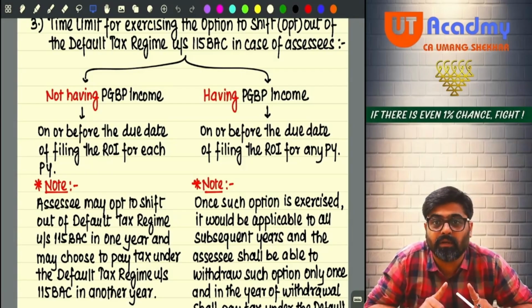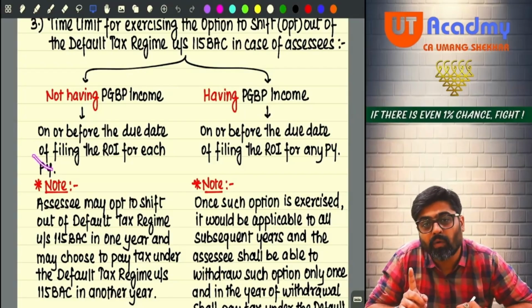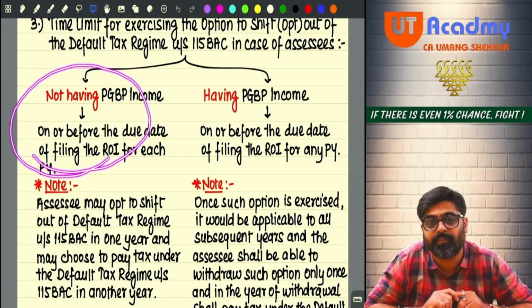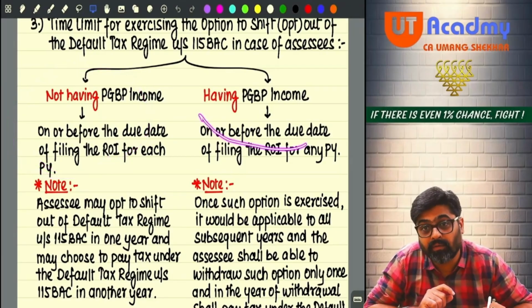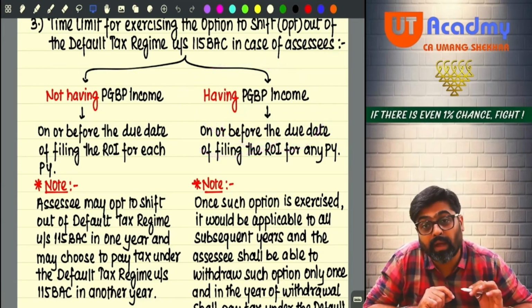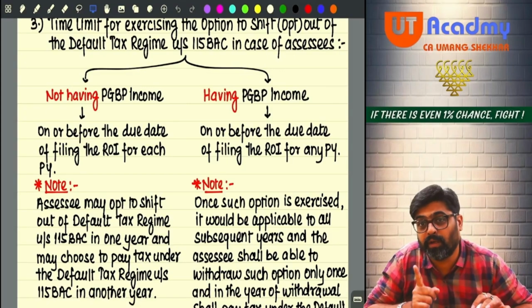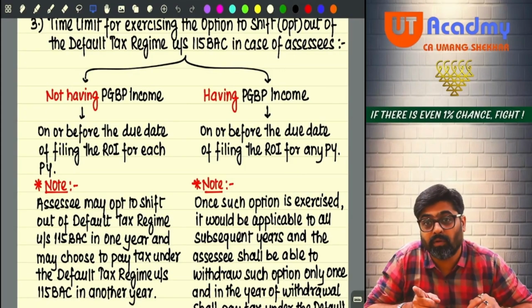This option to shift out and remain in 115 BAC every year is available only if you are not having PGBP income. But if you are having PGBP income, then you have to shift out every year. If you don't want to fall into the 115 BAC trap, you have to shift out every year.